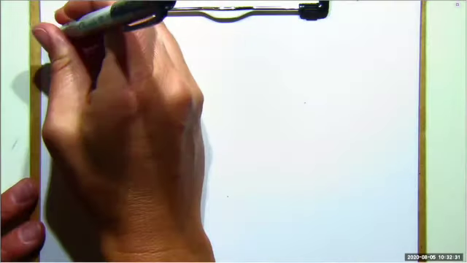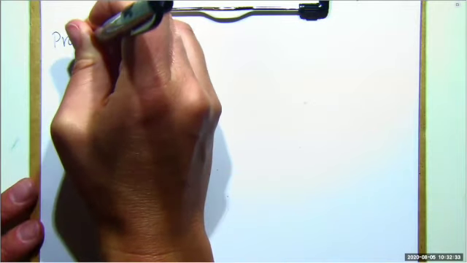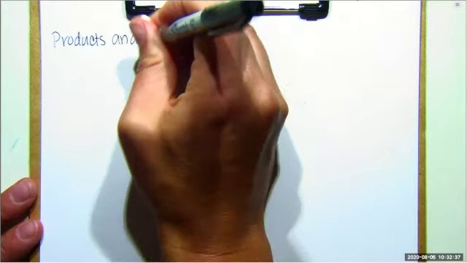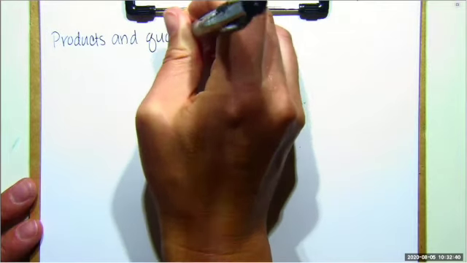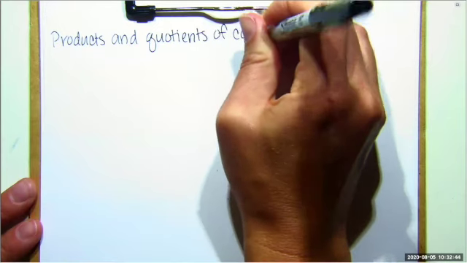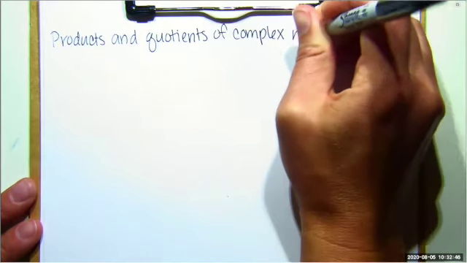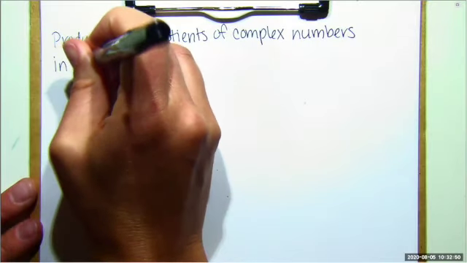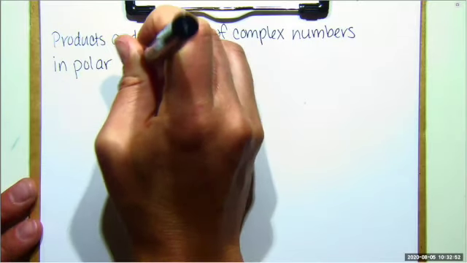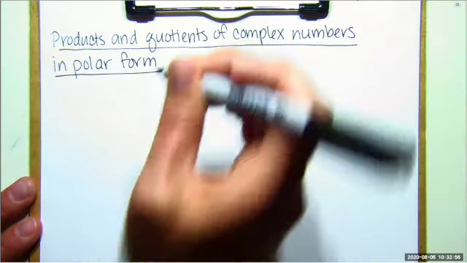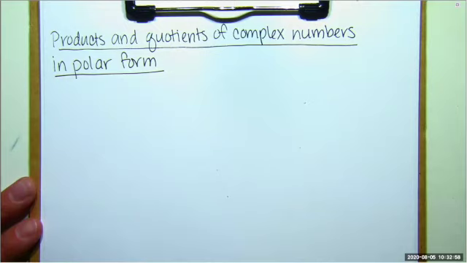So if we want to form products and quotients of complex numbers in polar form, so products and quotients means multiplying and dividing complex numbers.